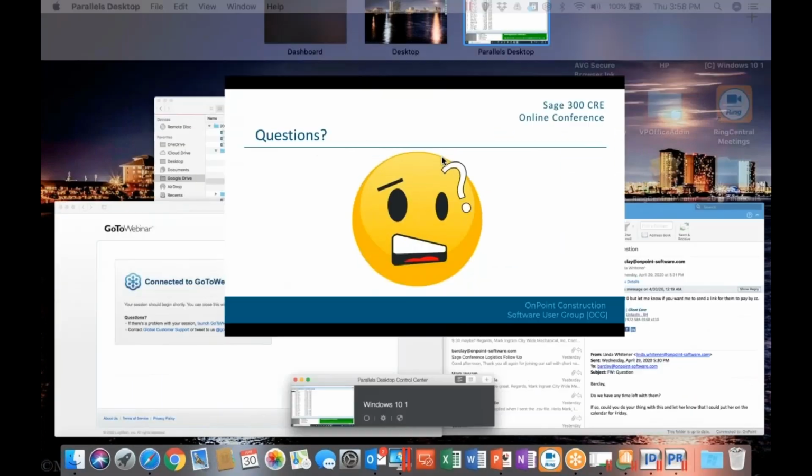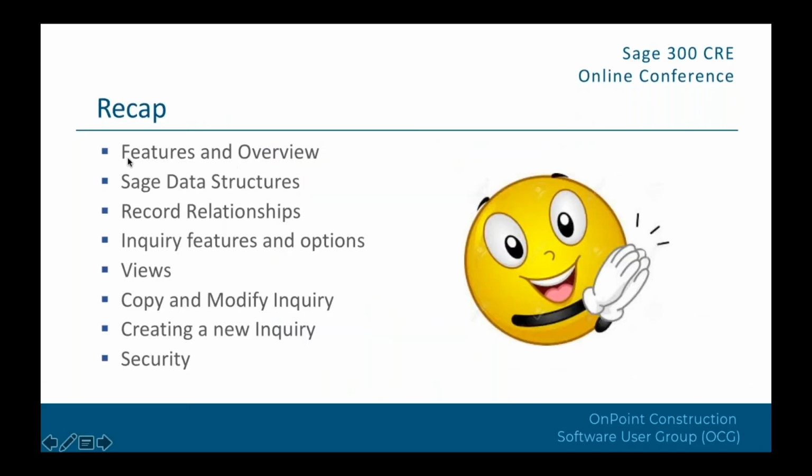So in recap, we looked at the features and an overview, talked about the data structures in there and the record relationships, the inquiry features and options, the different views that you can have.